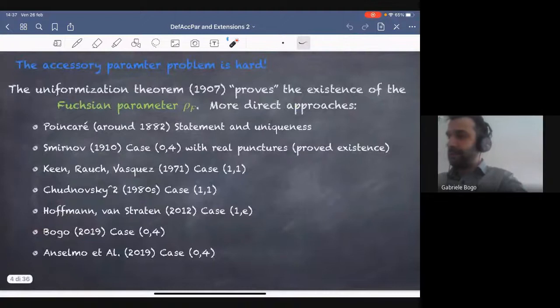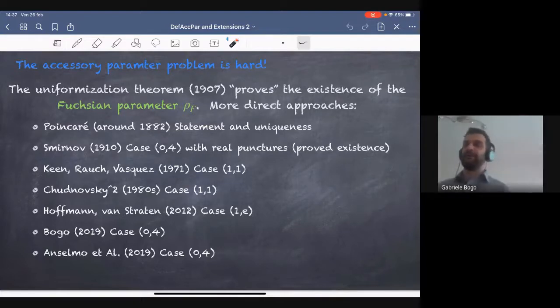As I told you, 20 years later, more or less, Poincaré and Koebe proved the so-called uniformization theorem, which tells that every Riemann surface of this kind has the upper plane as universal covering, and this in an indirect way proves also the existence of the accessory parameter, the particular choice called the Fuchsian choice of the parameter. But it does not give any clue on how to find this parameter, and up to now there is no general proof for the existence of this parameter independent of the general proof of the uniformization theorem.